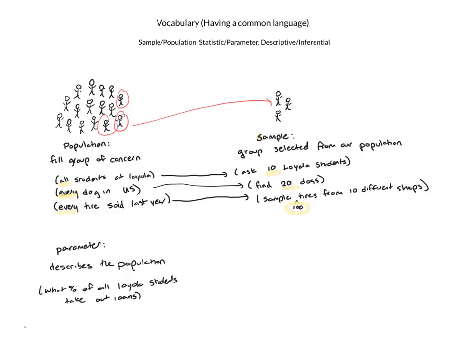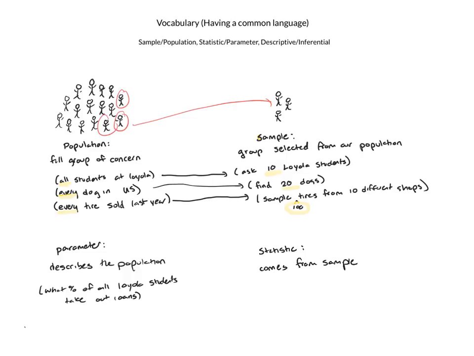Now, they're not going to tell me exactly how many students have loans, and so while I can't ask everyone at Loyola how many of you have loans, what I do is settle for the statistic. The statistic comes from the sample.